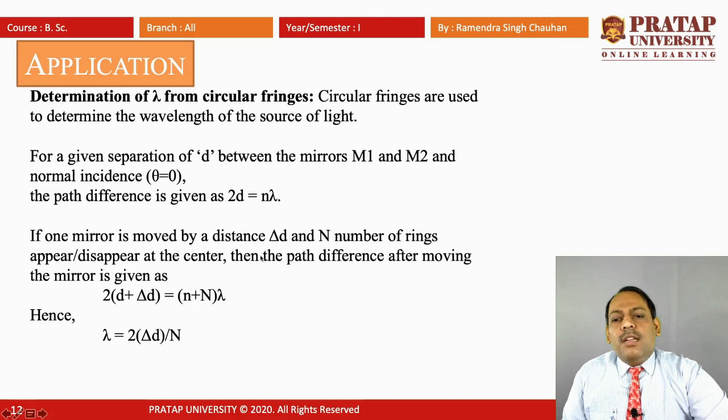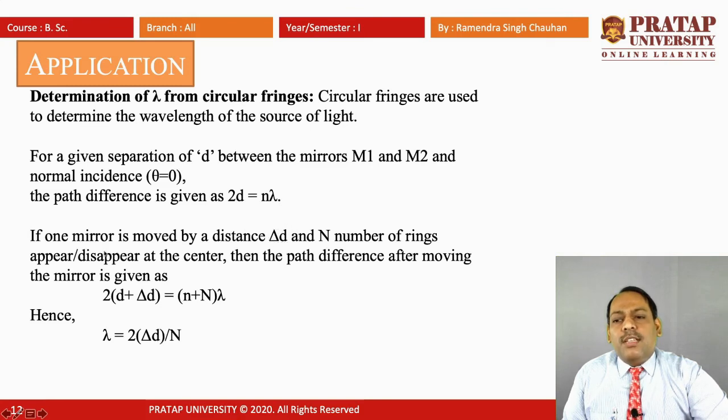Similarly, we can count the number of fringes one by one while moving the mirror M2 by distance delta d. And if we are decreasing the distance of mirror M2, then the central fringe will disappear, and the next order fringe which is outside will shift to the center, and in that way we can again count the disappearing of the fringes while changing the distance delta d.